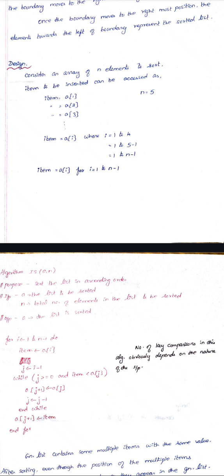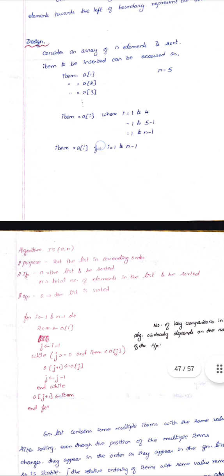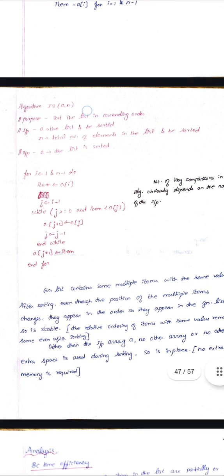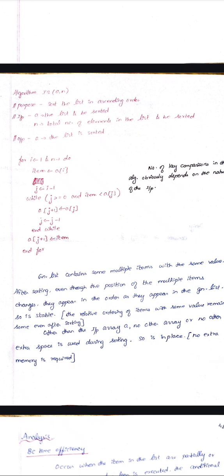I equals 1 to n minus 1. Item equals a of I, where I equals 1 to n minus 1. 1 to 4, that goes like this. Sort the list in ascending order. A is the list to be sorted. For the total number of elements in the list, for I from 1 to n minus 1, item equals a of I, then j equals I minus 1, that is the preceding element.